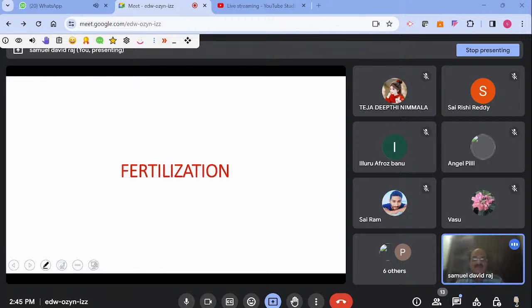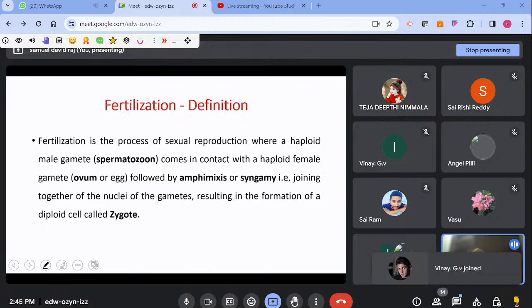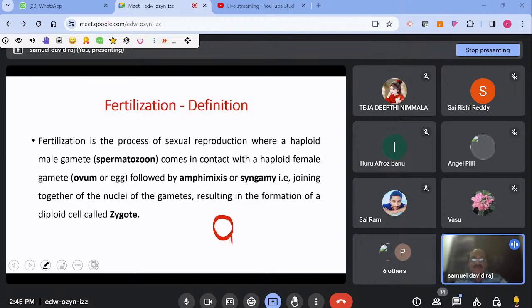Fertilization is nothing but the union of male and female gametes, where a haploid spermatozoon comes in contact with the haploid female gamete. That is what we call fertilization.